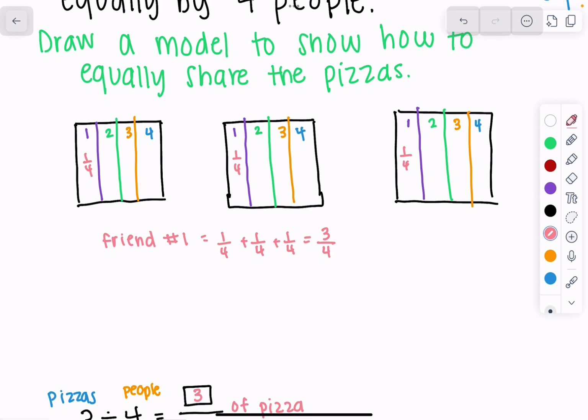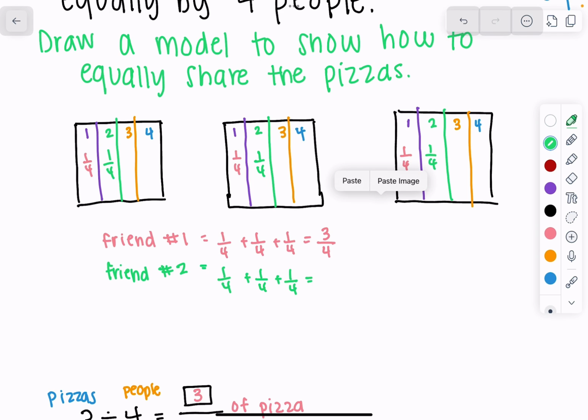For friend 2, because we're doing it in equal numbers and equal pizza, you could do the same here. 1/4, 1/4, 1/4. Add all those up. You add up the numerator, keep the denominator the same.